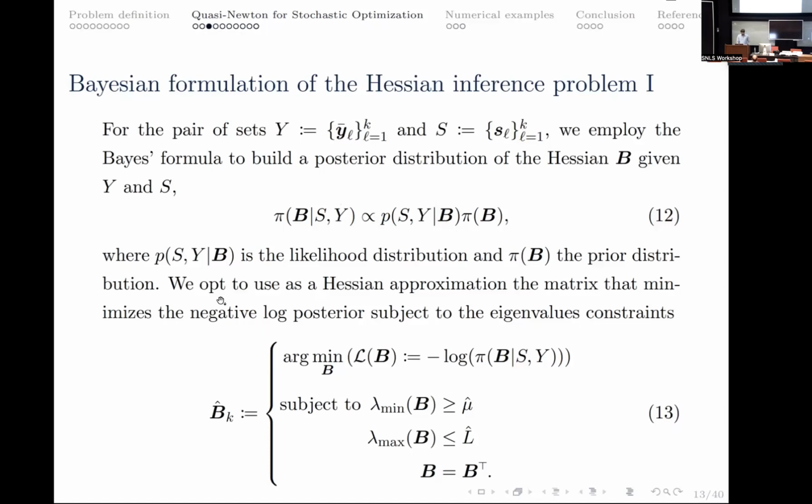So once we have some posterior distribution for our matrix, we set our quasi-Newton update as the maximum a posteriori of this distribution.